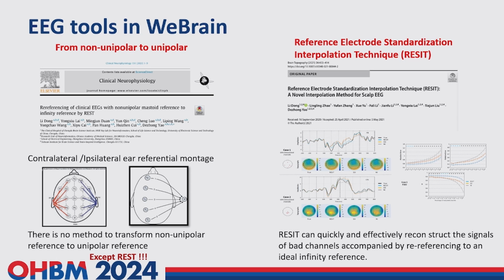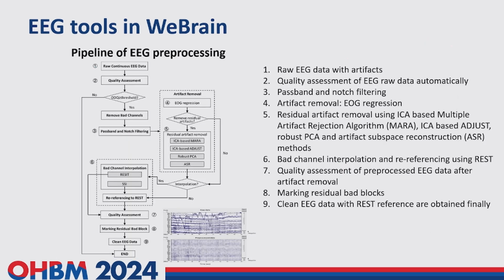But in our simulation, we found the interpolation using the reference electrode standardization technique can quickly and effectively reconstruct the signals of bad channels, accompanied by re-referencing to an ideal infinity reference.